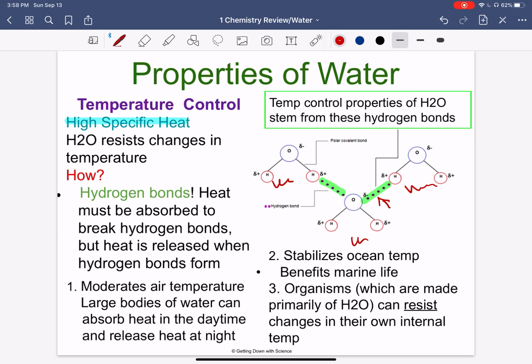That helps stabilize ocean temperatures. That's really beneficial to things that live in the ocean. I think probably the easiest way to see something like this is if you're at the beach in, say, the wintertime. The air temperature around the beach is always more stable than farther inland.